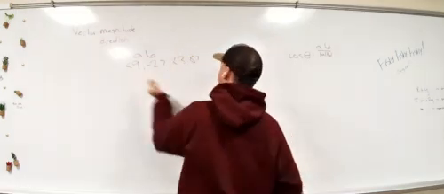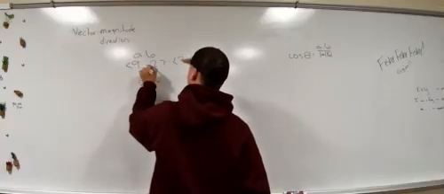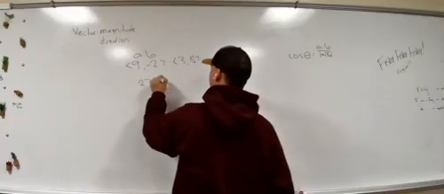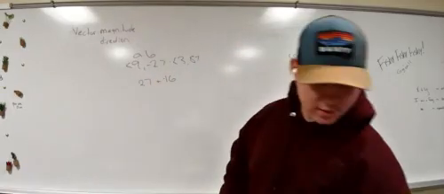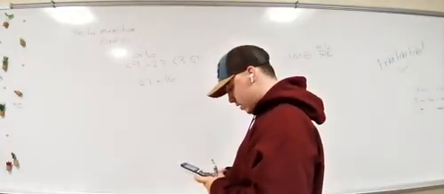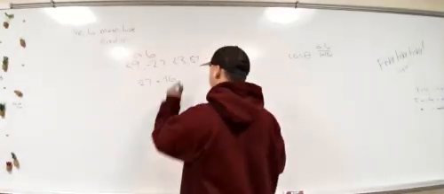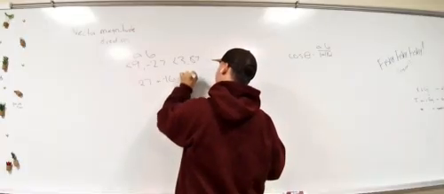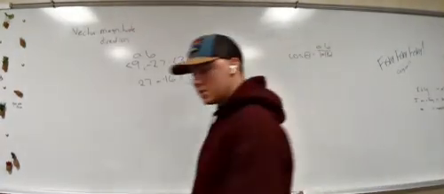So 9 times 3 is 27 plus negative 2 times 8, negative 16. So 27 minus 16, let's do the math. 27 minus 16 is equal to 11. And as simple as that, that's how you get the dot product. Let's move on to the next problem.